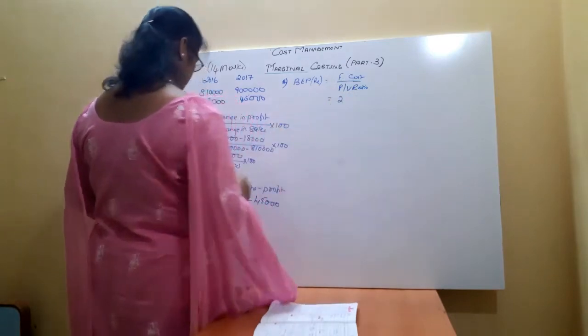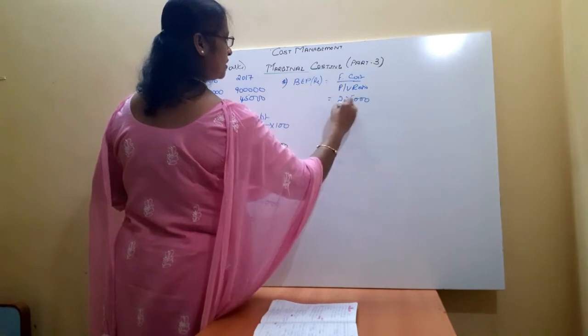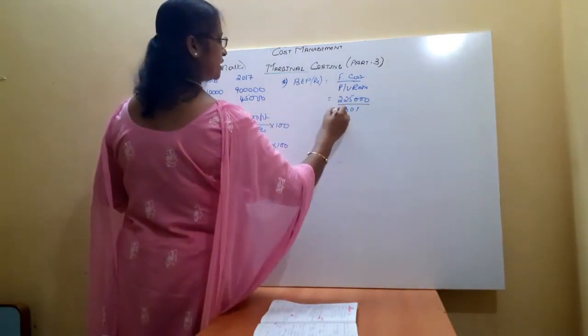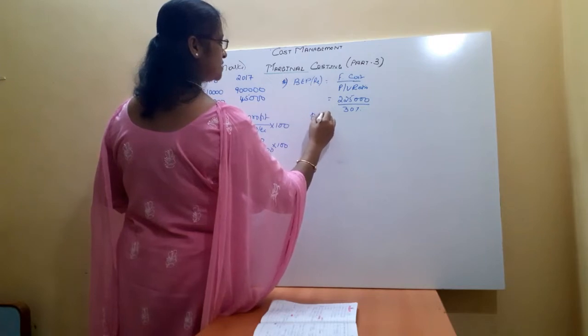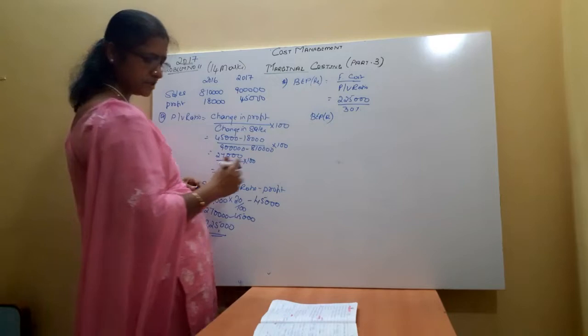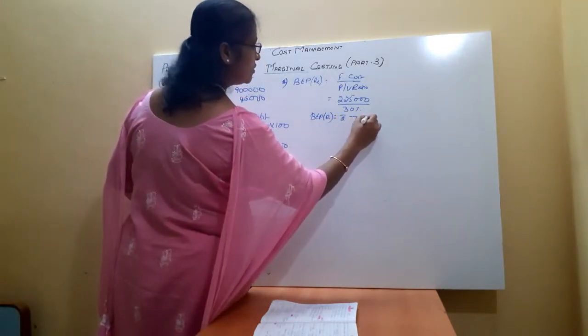So fixed cost, we just now found it as 2,25,000 divided by PV ratio. PV ratio is 30%. So you get a BEP in rupees as 2,25,000 divided by 30%. It is rupees 7,50,000.